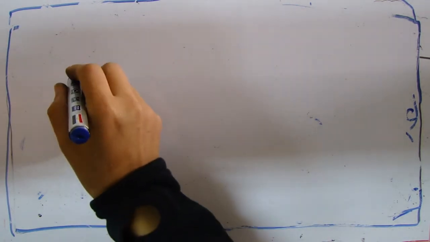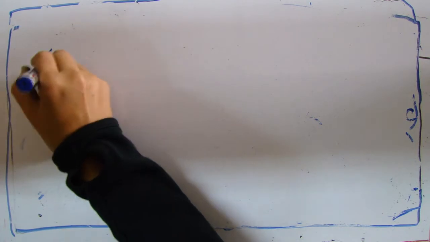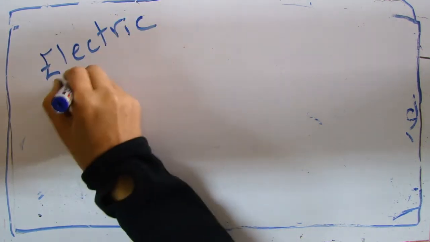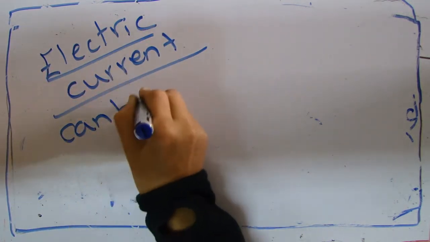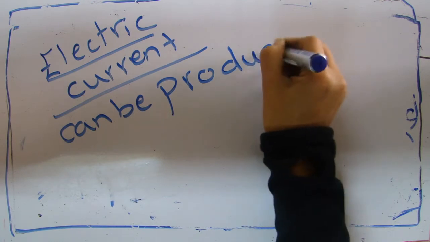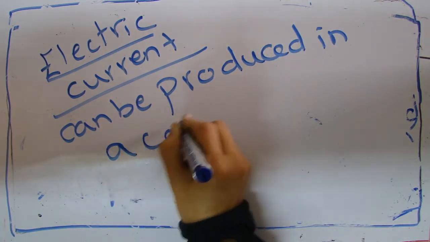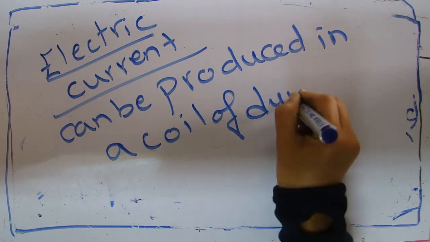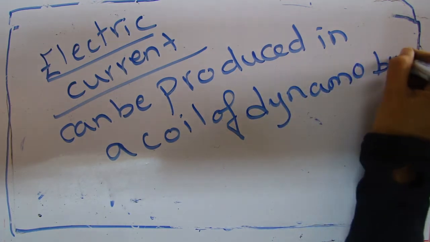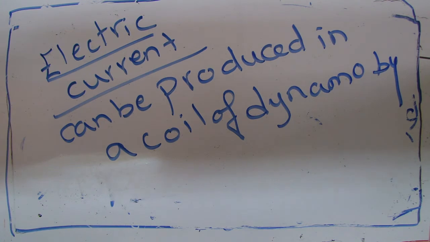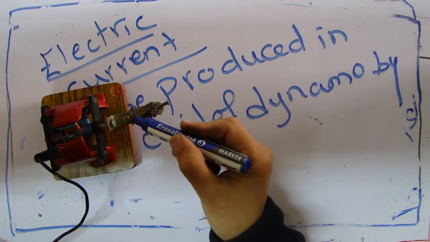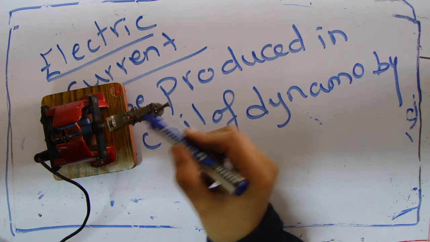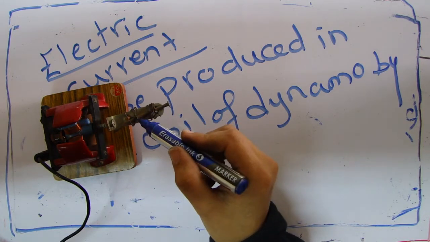So, electric current can be produced in a coil, a dynamo, by number one, moving the coil inside the magnet, or moving the magnet inside the coil.